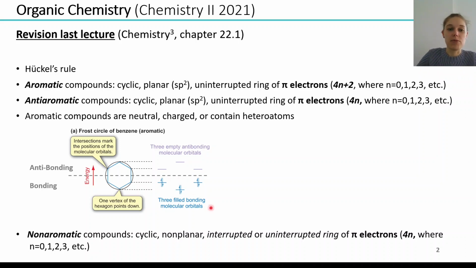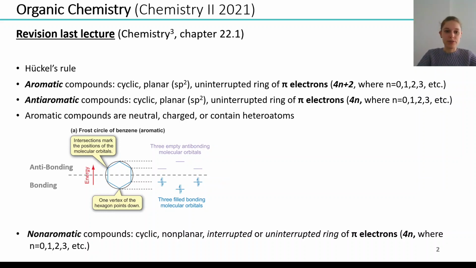And then finally we see that we only have filled bonding molecular orbitals, and the anti-bonding molecular orbitals are completely empty. And this fact then explains why benzene is so stable.